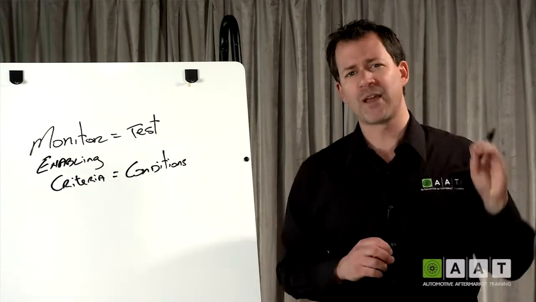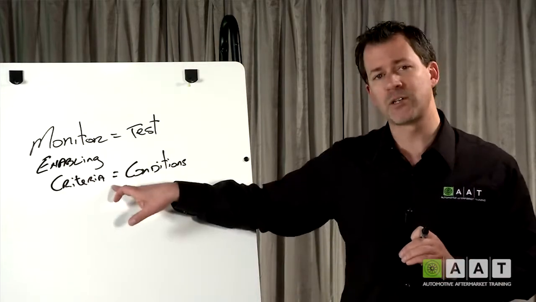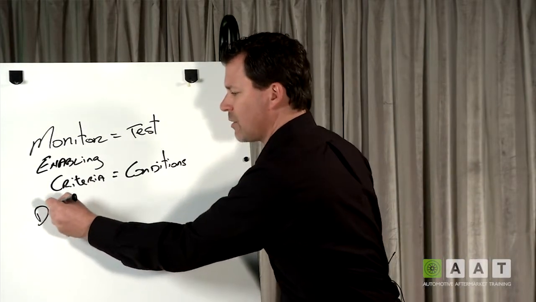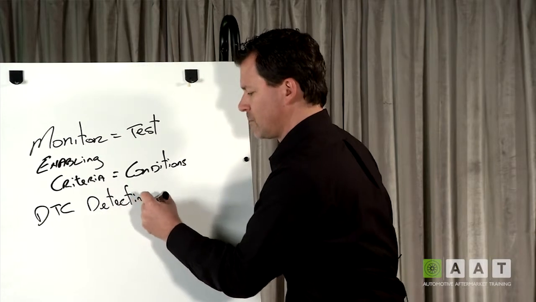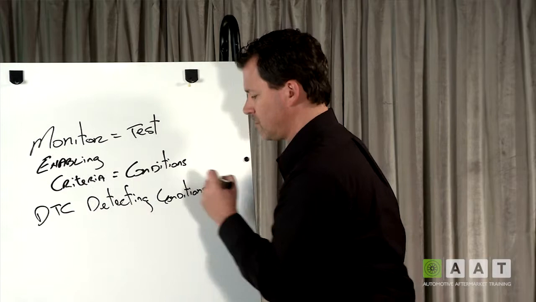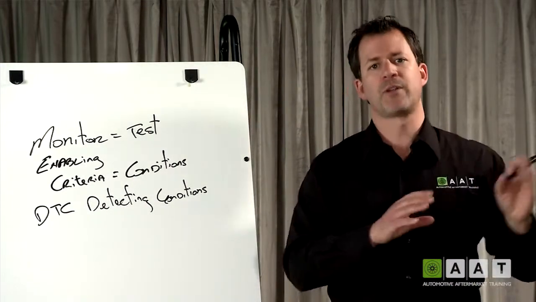So before you go out on that test drive, you identify what your code is, what the enabling criteria for that code is, and what the DTC detecting conditions are. Okay? Use the vehicle to help with your diagnosis.